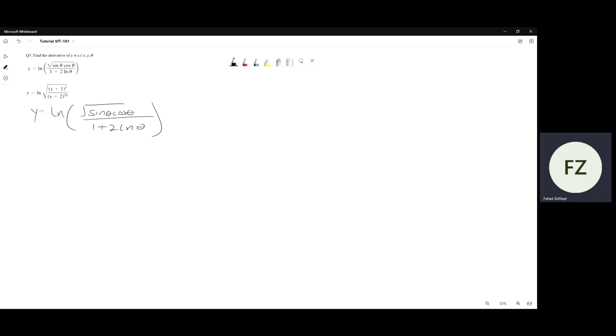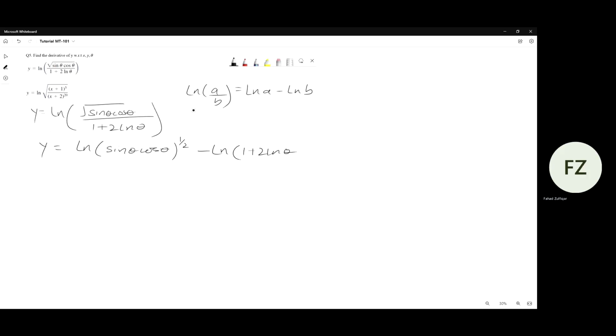What we'll use here is the property of ln a over b, which is equal to ln a minus ln b. So this comes out to be y equals ln of sine theta cos theta raised to power 1 by 2 minus ln of 1 plus 2 ln theta.